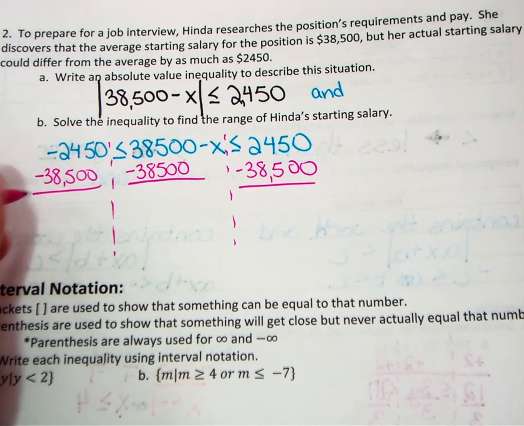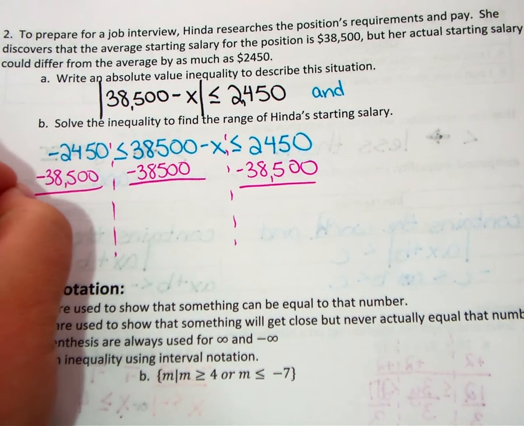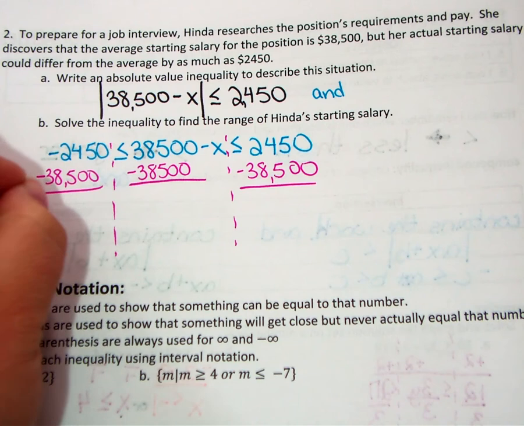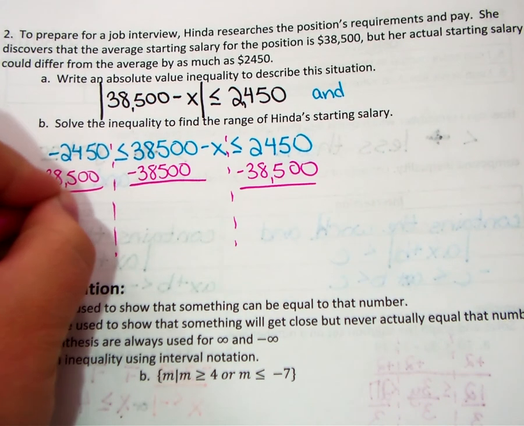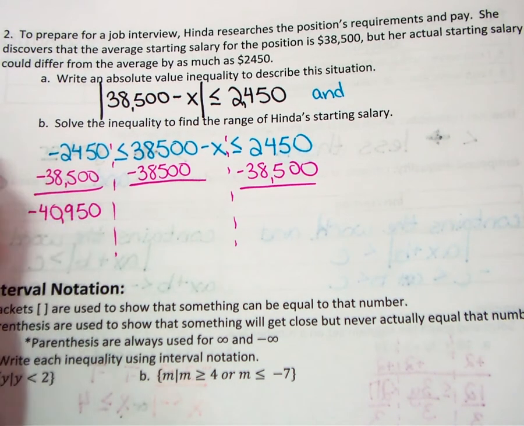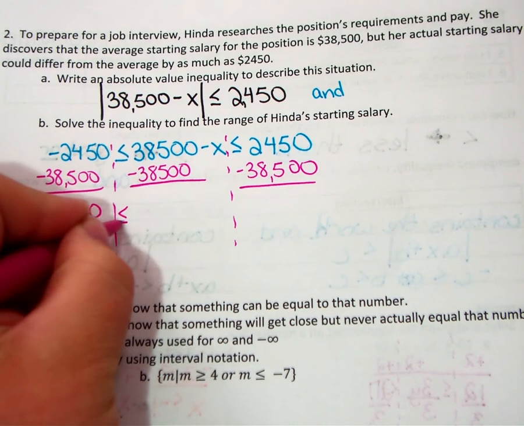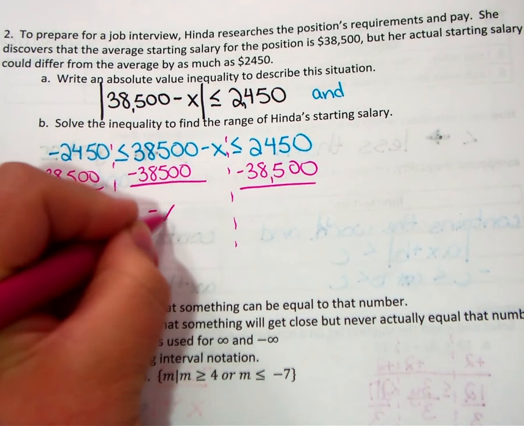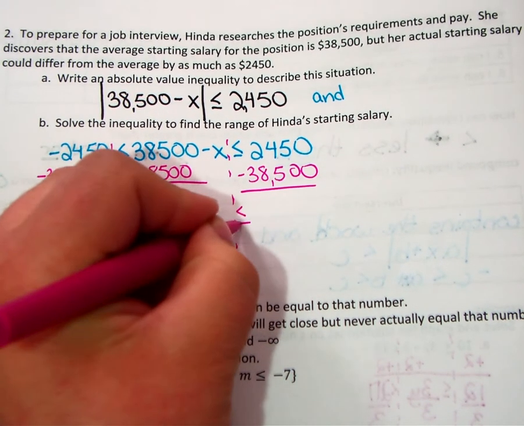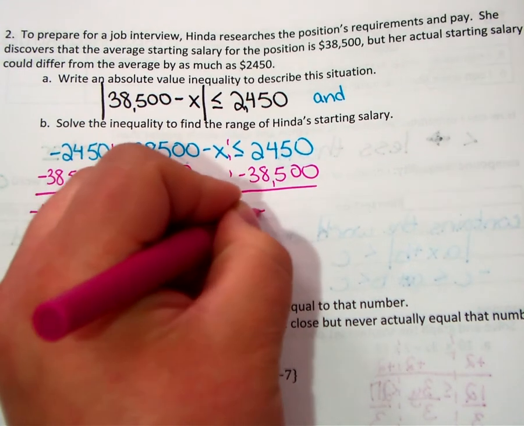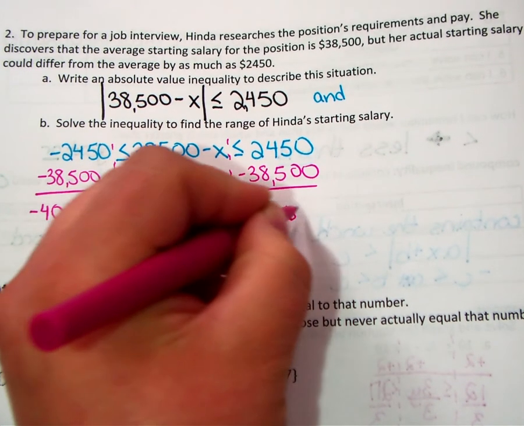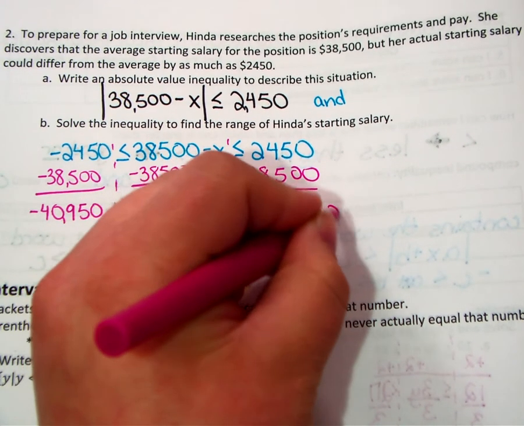And on the left, I get negative $40,950 is less than or equal to negative x is less than or equal to negative $36,050.